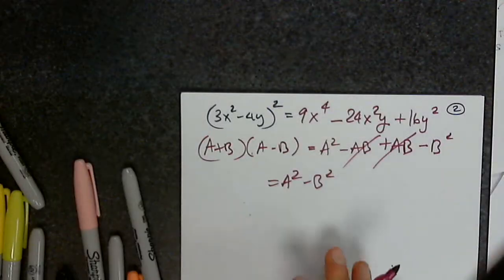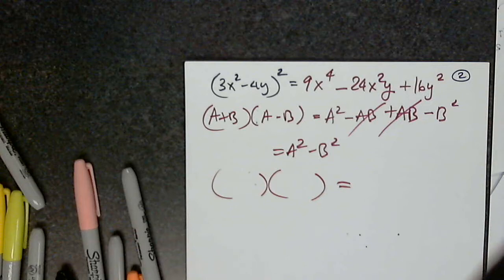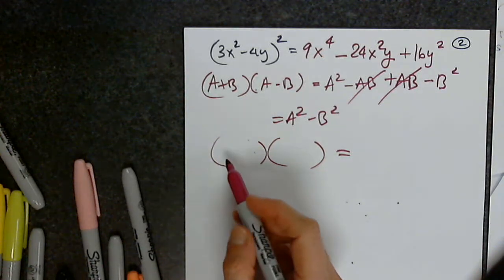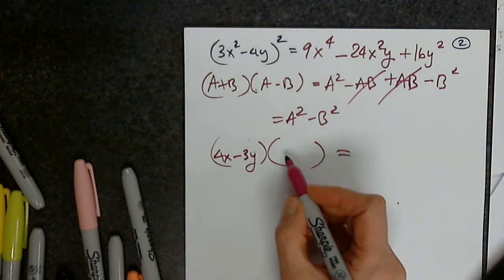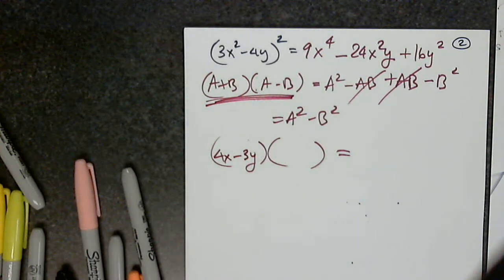Okay, ready? Make one up for me. Anything you want. X plus y. 4x minus 3y. I can't. The pattern is very clear. If one of them is 4x minus 3y, the other one must be 4x plus 3y.